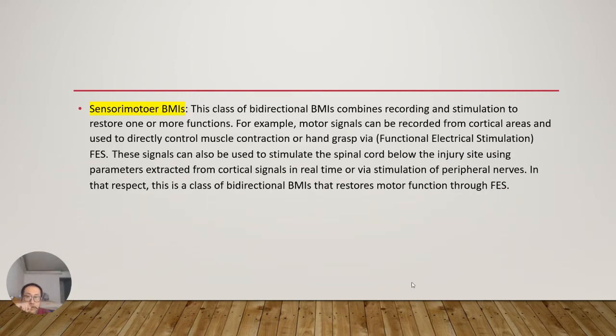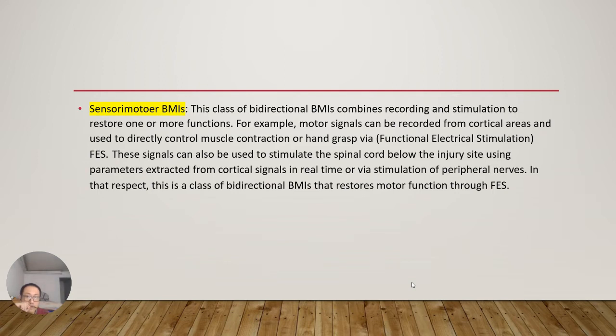Sensory motor BMIs，这是感知运动的脑机接口。This class of bidirectional BMIs combines recording and stimulation to restore one or more functions. For example, motor signals can be recorded from cortical areas and used to directly control muscle contraction or hand grasp via functional electrical stimulation.